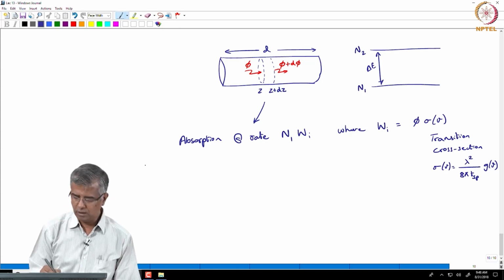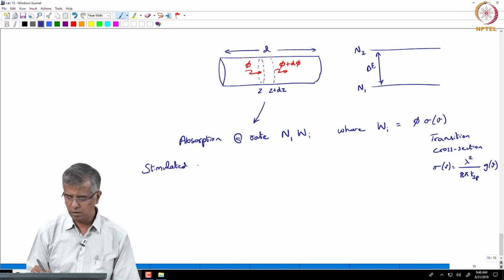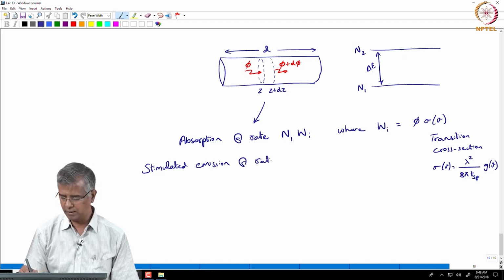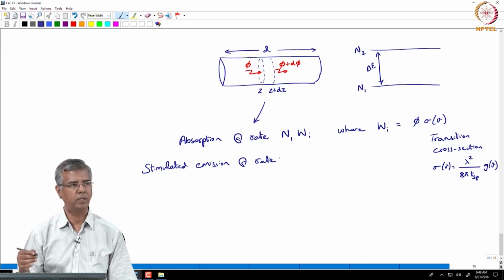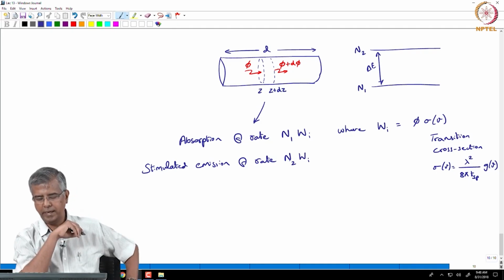And similarly, you can say that stimulated emission will also happen at a rate that will depend on the number of atoms at that excited state. So, N2 times Wi, right.